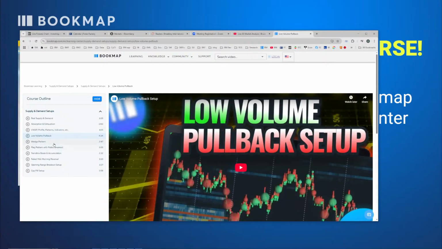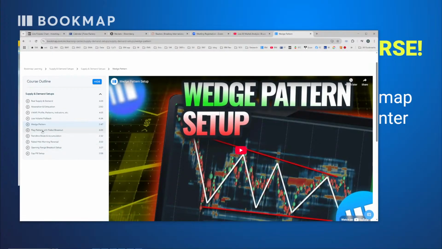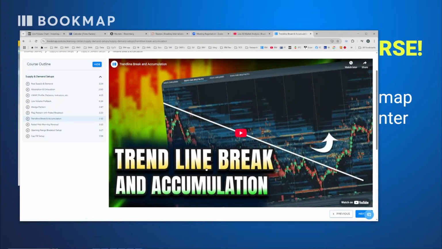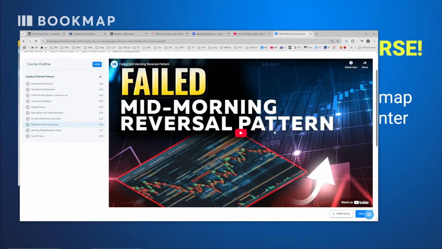Here, wedge patterns. Another one, flag patterns with a failed breakout, and a trend line, looking at specific trend lines and accumulation areas. This is something we see all the time in this webinar: our failed mid-morning reversal pattern, or we might see the reversal pattern unfold.